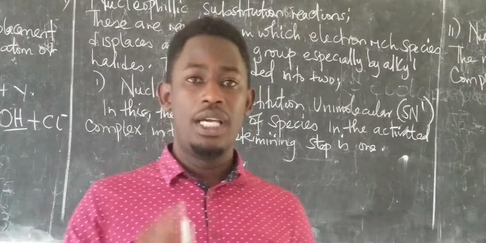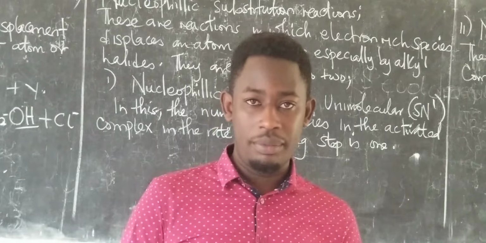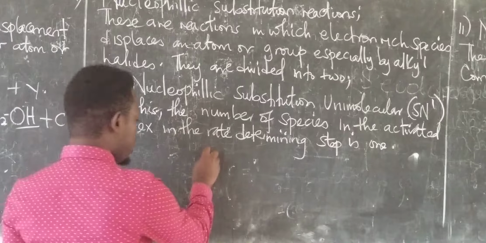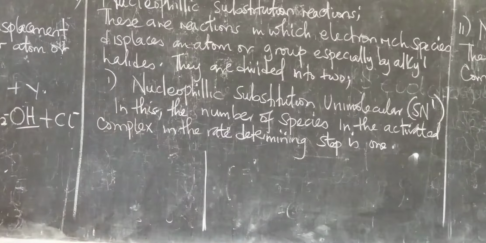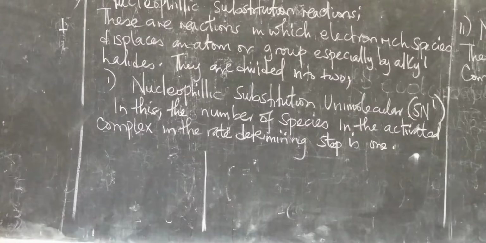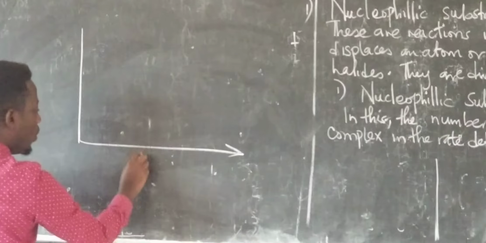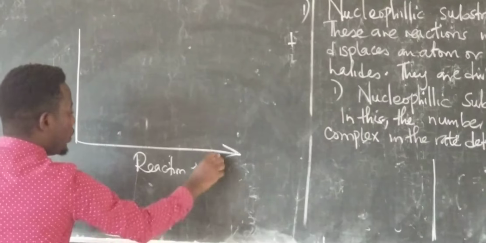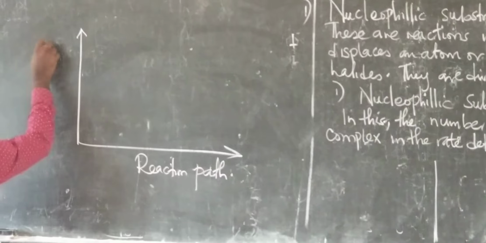In this case, the number of species in the activated complex in what we call the rate determining step is 1. Somebody will ask me, what is the rate determining step? If you remember clearly, if a reaction is going to take place, we have what we call reaction path against energy.